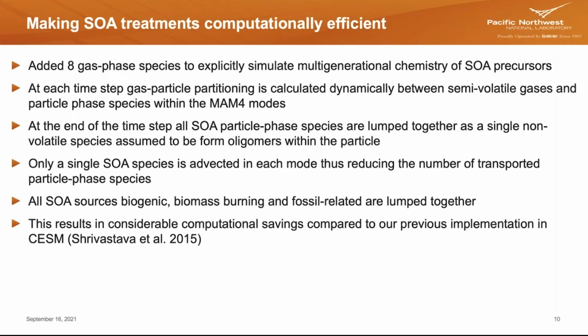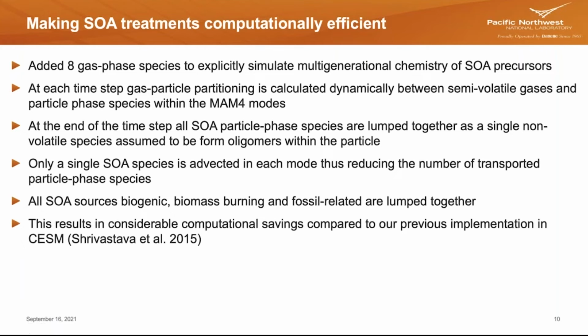So we came up with this algorithm where we added 8 gas phase species, which represent the different volatility intervals, like I showed you before. In the gas phase, we have functionalization and fragmentation. Within the code, we add local tracers to calculate the gas-particle partitioning dynamically between the semi-volatile gases and particle phase species.